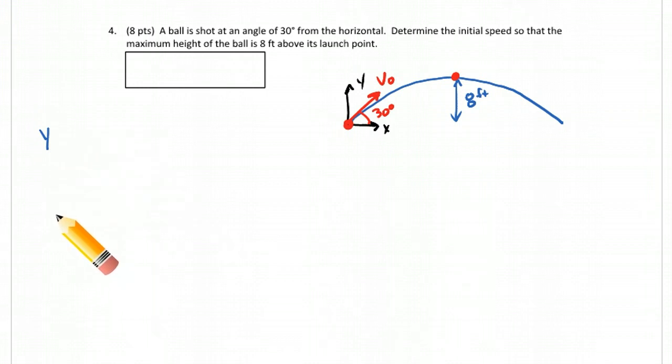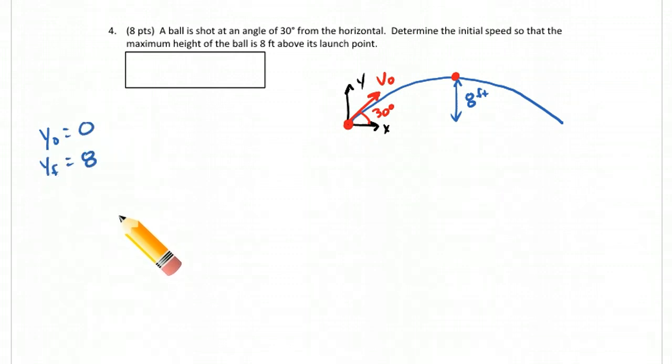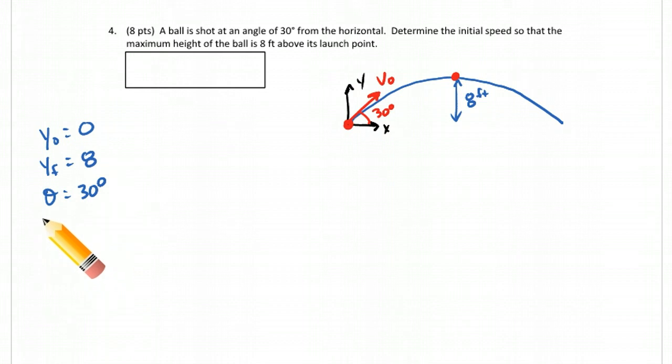Okay, we know initial and final y position, so our initial y position we've set as 0, and the final is 8. We know theta is 30 degrees. We want to find v0. If we find v0 in the y, we will be able to know v, the total velocity. So that's a key.